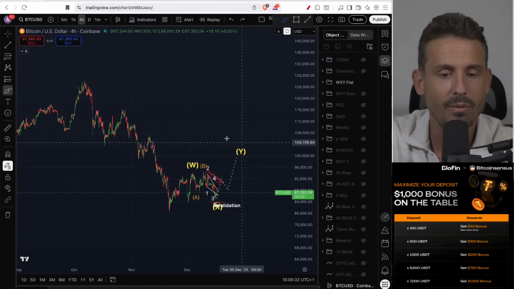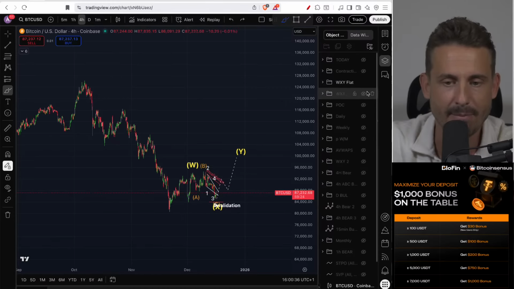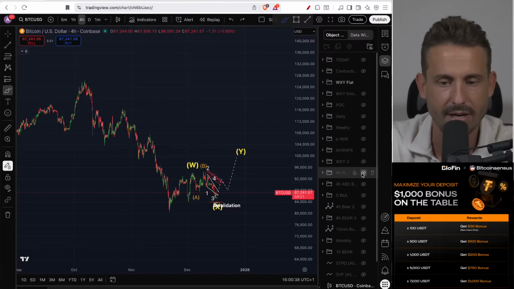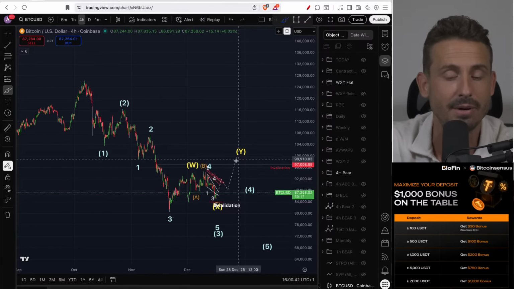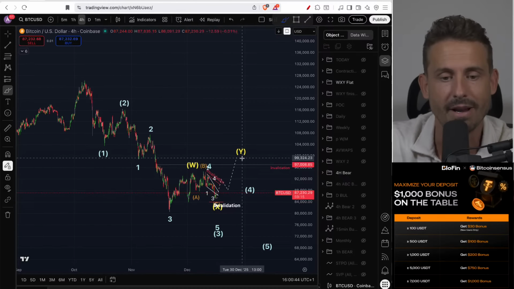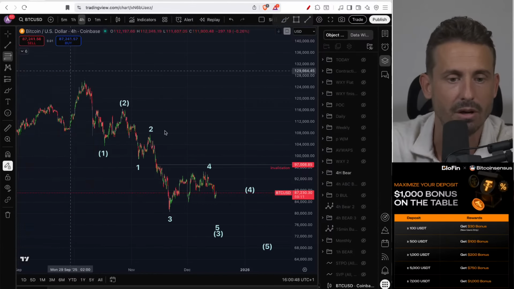But what it would invalidate is the impulsive move to the downside, which is this one, because you are already entering the territory of invalidation, which is literally coming to the golden pocket.